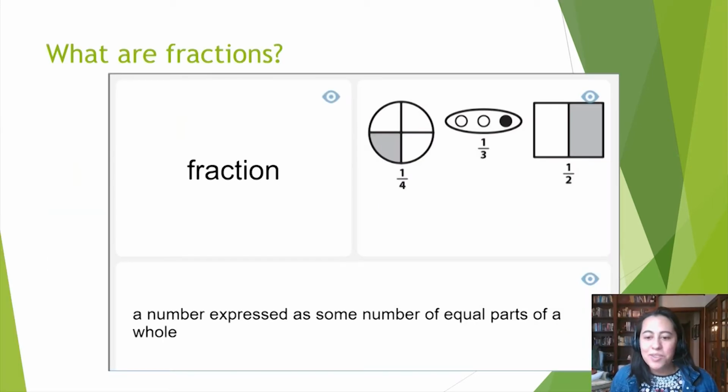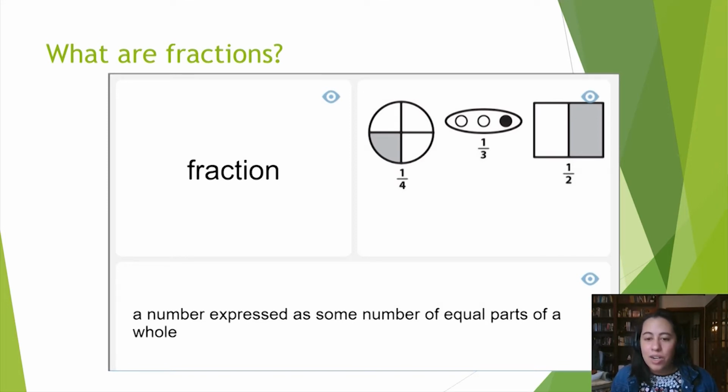Let's take a moment to review what fractions are, because we'll be using them today as we divide up our rectangles. A fraction is a number expressed as some number of equal parts of a whole. You can see some examples on the screen. For 1/4, one section of 4 equally sized sections is shaded in, so we describe that as 1/4.